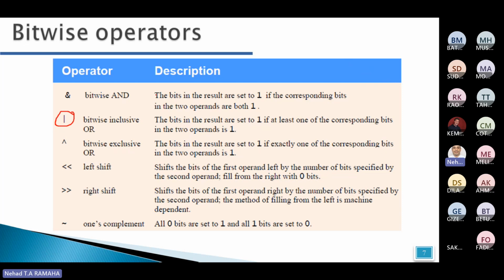Same idea as AND, but the result will be like this. If the corresponding digits have any side with 1, so 1 or 1, the result will be 1. Any side 1 or 0, the result 1. 0 or 1, the result 1. Only if both sides are 0, the result will be 0. So this is a bitwise OR.